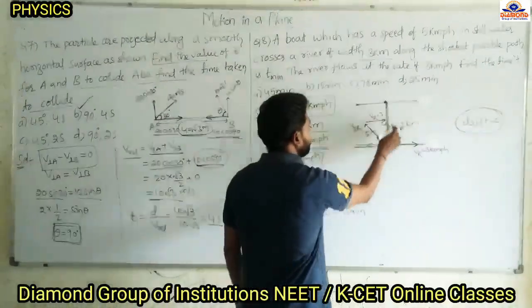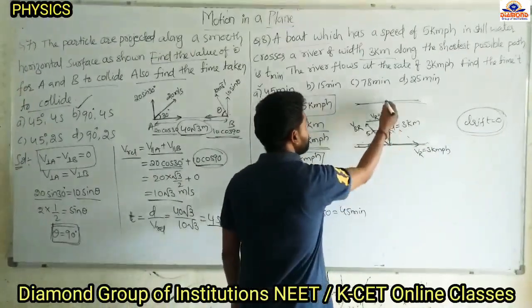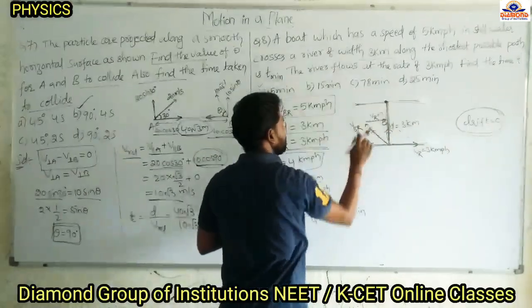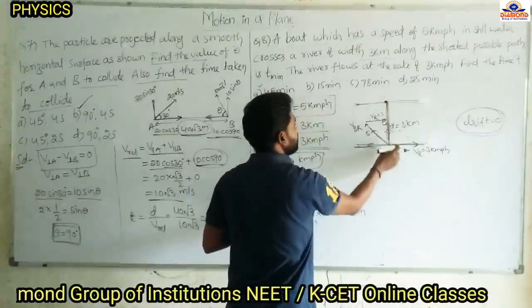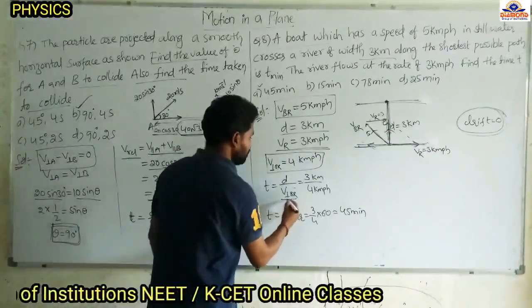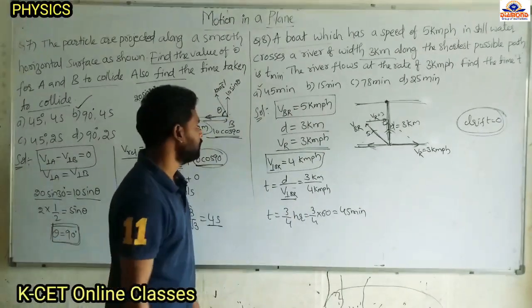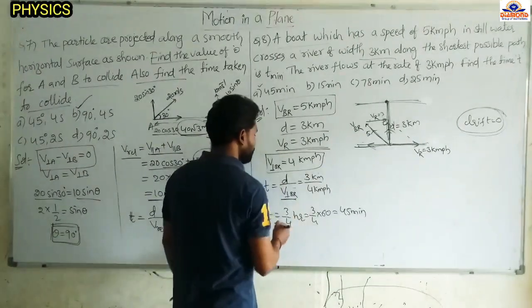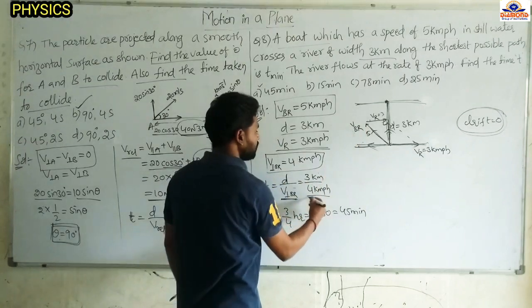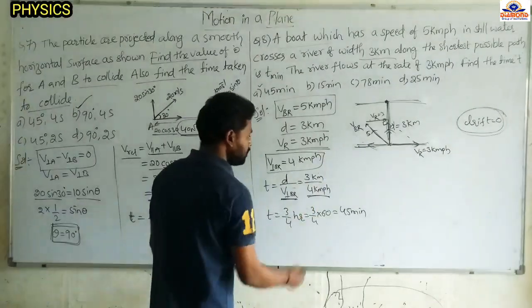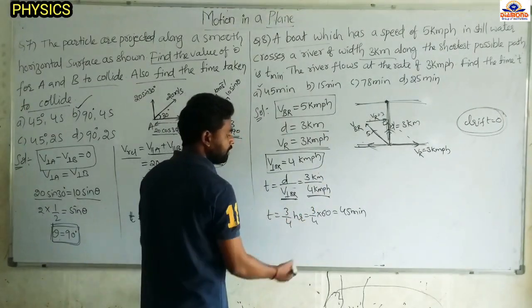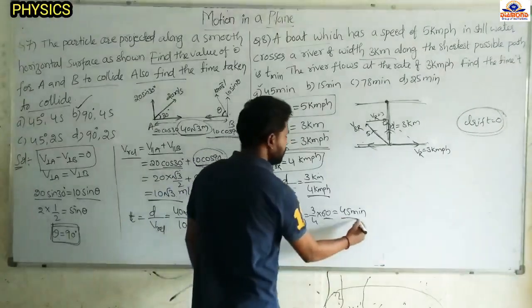The time taken by the boat to cross is the distance upon the velocity in this perpendicular direction. The distance is 3 km and the perpendicular component is 4 km per hour. The kilometers cancel, so 3 by 4 hour, equal to 60 minutes, gives 45 minutes.